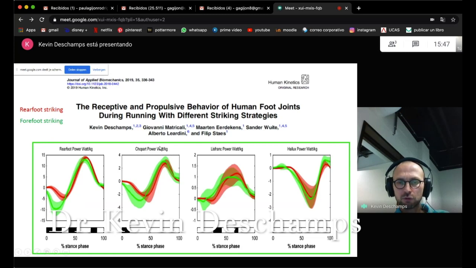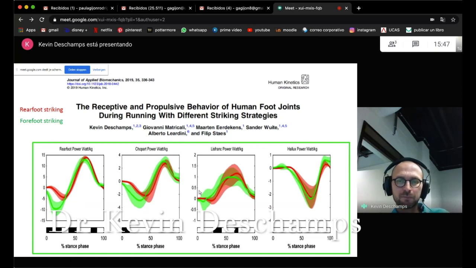At the level of the Chopard joint, you see the same behavior: if you land on the midfoot or forefoot, your midfoot will be a mobile adapter and will absorb considerable power, already from 0 to 30 or 40% of the stance phase.